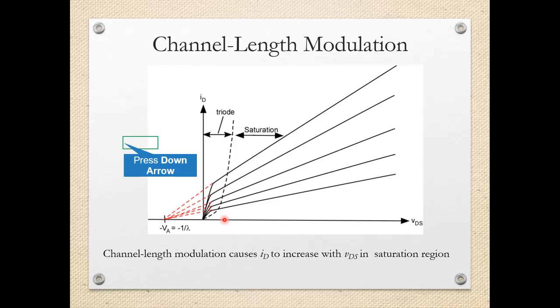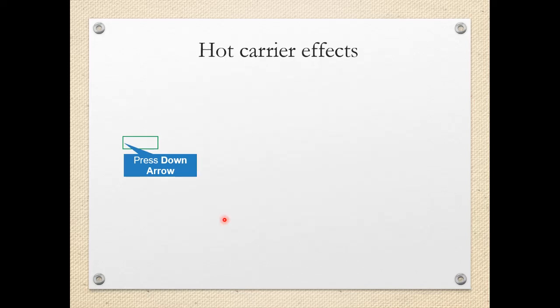In the previous graph for the long channel, we have seen that after this there is a very slight increase in ID with VDS. Almost it is constant. But now for the short channel length, you can see there is a further increase in ID with VDS value. So in the saturation region also there is a linear increase in ID. This is due to the channel length modulation.